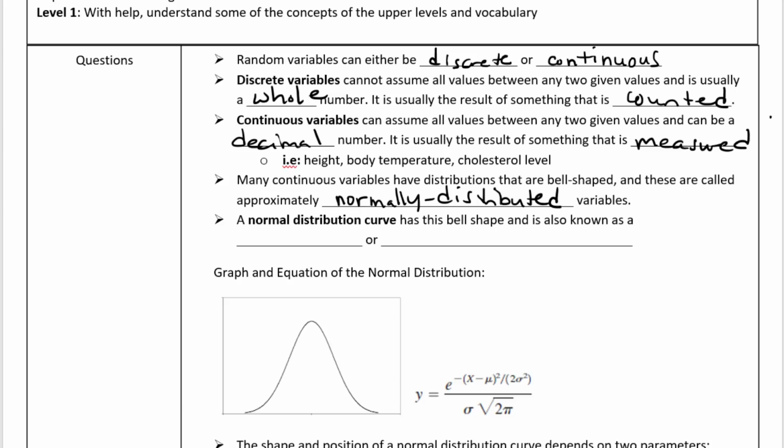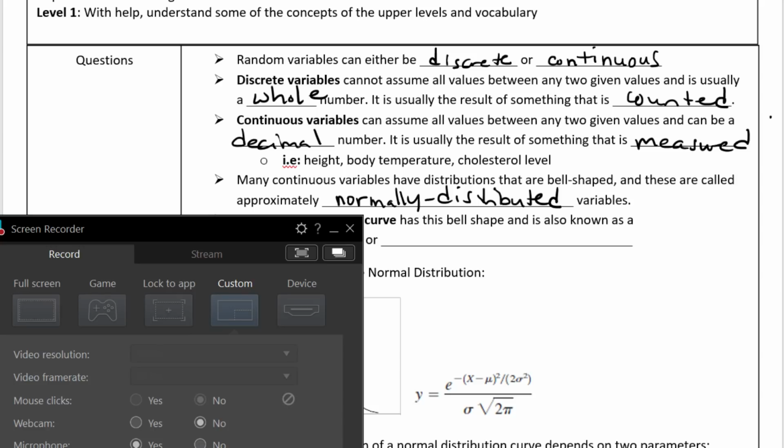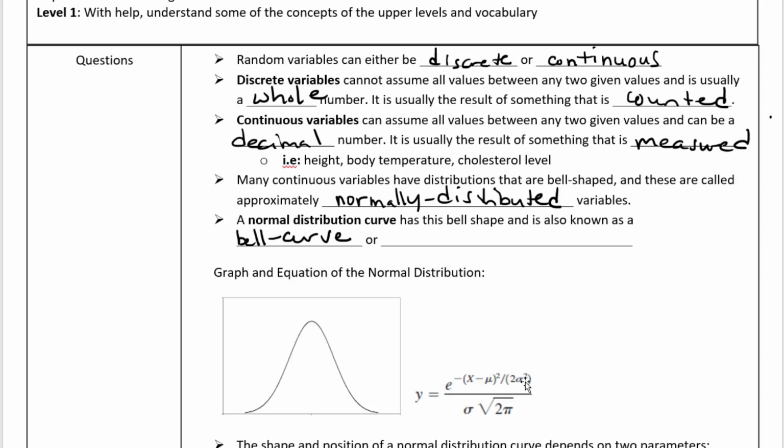We usually call it a bell curve. Another name for it is a Gaussian distribution, named after a mathematician whose last name is Gauss.